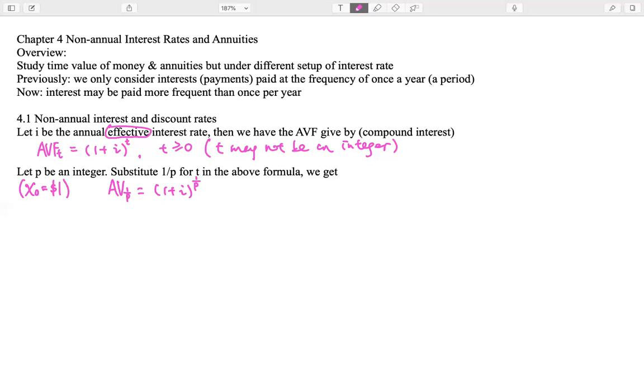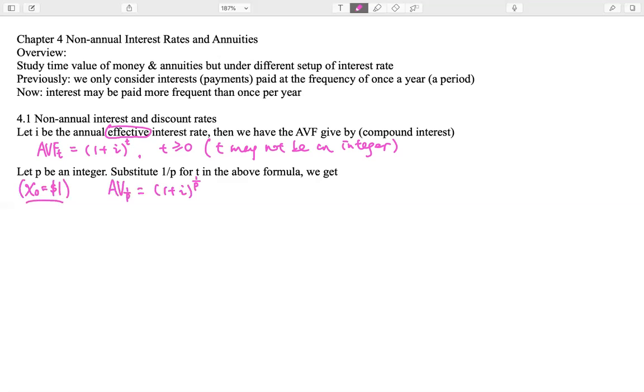I just apply the old formula, but at a fractional time, because here we assume p is an integer. If p is 2, I want to know my account value 6 months from now. If p is 4, then it's 1/4, so it's 3 months, one quarter from now. Depending on the value of p, we have different interpolation. But anyway, this is our account value if we start with $1. We normalize, that doesn't matter. Under this condition, this would be your account value at time 1/p.